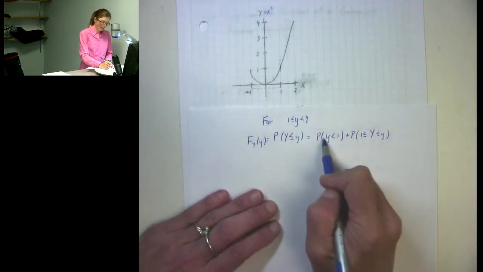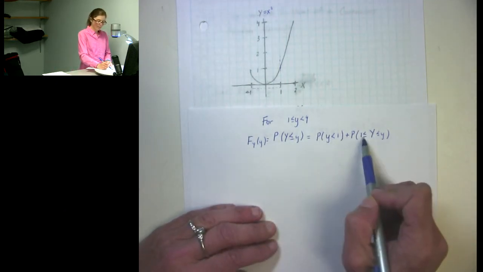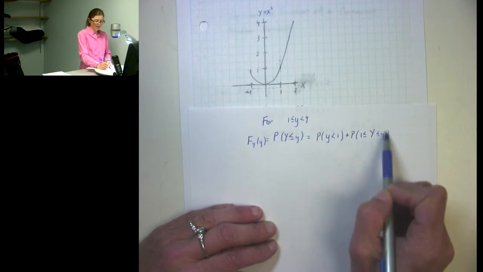So it's the probability that Y is less than 1 plus the probability that Y is between 1 and my value y.